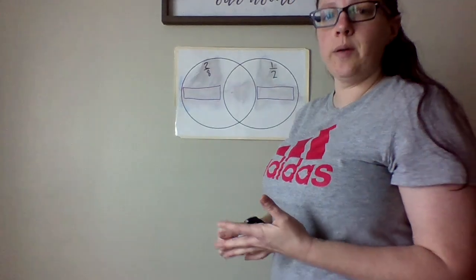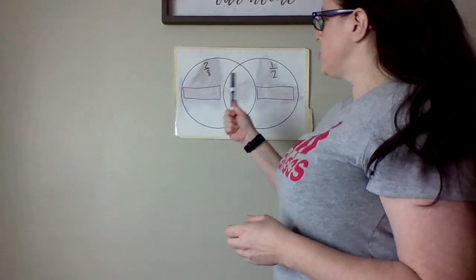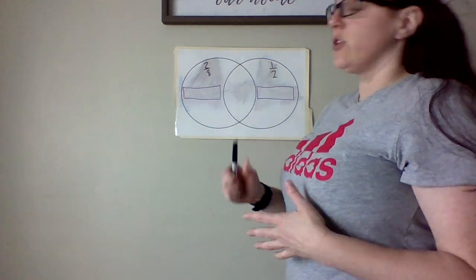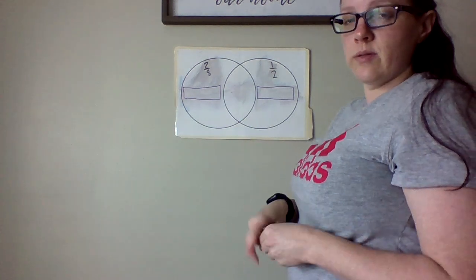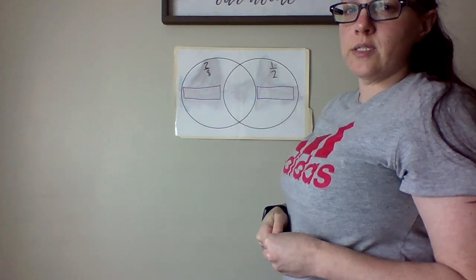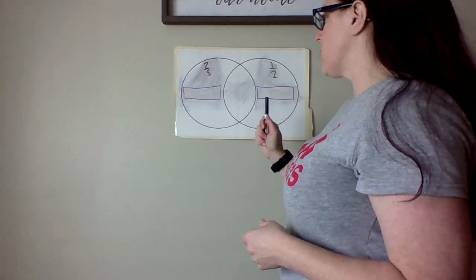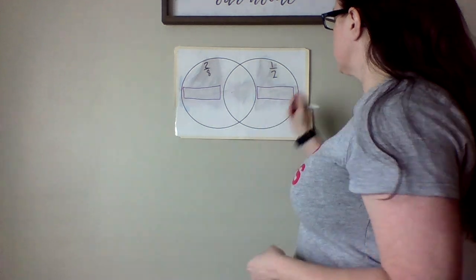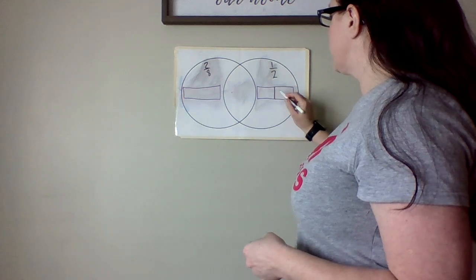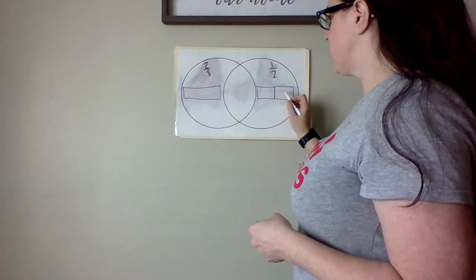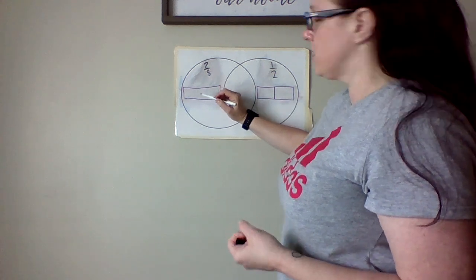All right, the last one I'm going to show you is 2/8 and 1/2. Just by looking at these, we should know this answer before we even draw. If you've noticed, the higher the number of parts, the smaller the pieces are. So this is only divided into 2 parts, so clearly the pieces here are much bigger than the pieces are going to be here when we have this same size fraction bar divided into 8 parts.